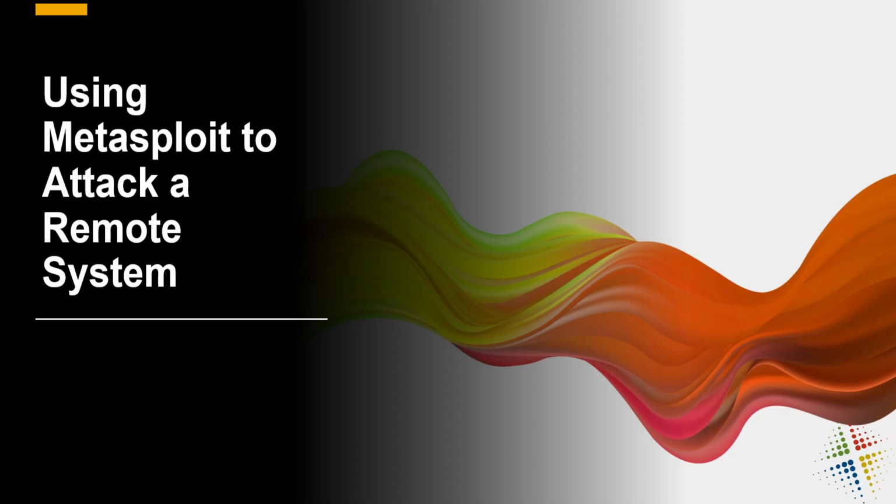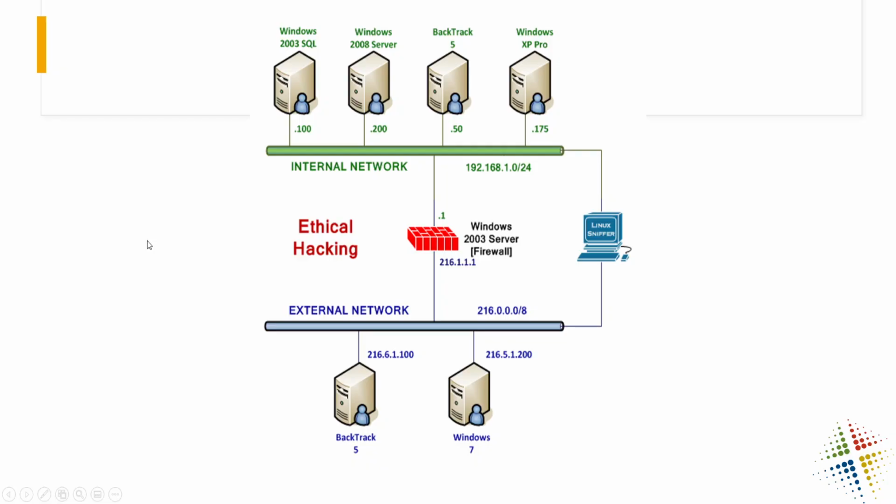which we will then be able to use as a pivot to attack the rest of the network. So for instance, if we look at our existing environment, up here on this 2003 SQL machine, there is a website.